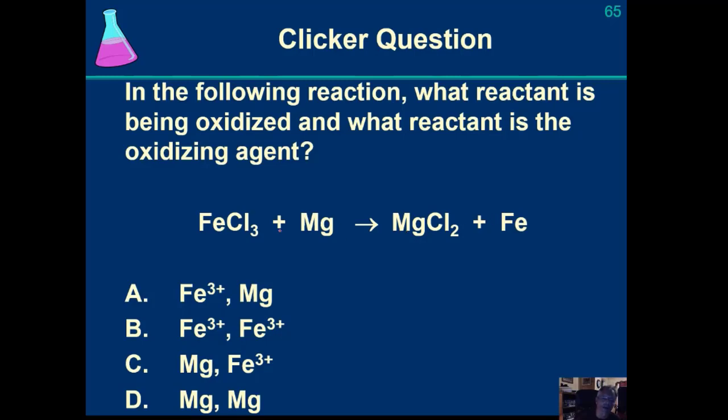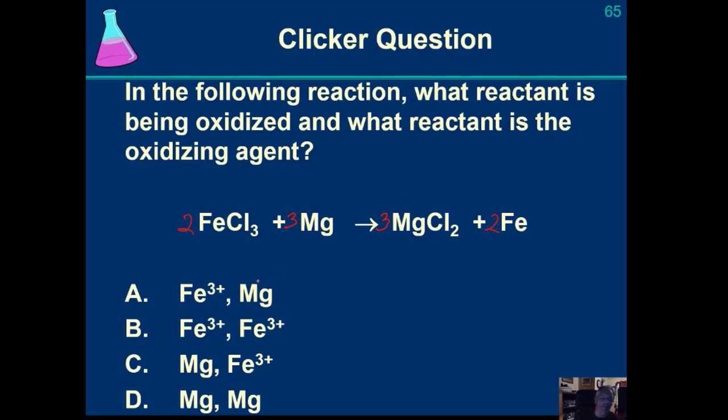My chlorides are the key to balancing this. I need to get 3 chlorides and 2 chlorides to balance. So I'm going to change this coefficient to 3 and this coefficient to 2 just to get my chlorides to equal 6 on both sides. So that tells me I need 3 magnesiums and I need 2 irons. Now I'm all balanced up.